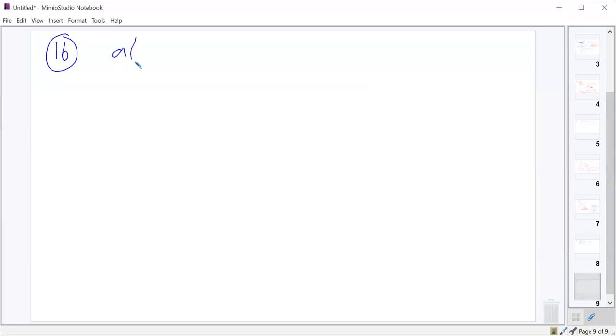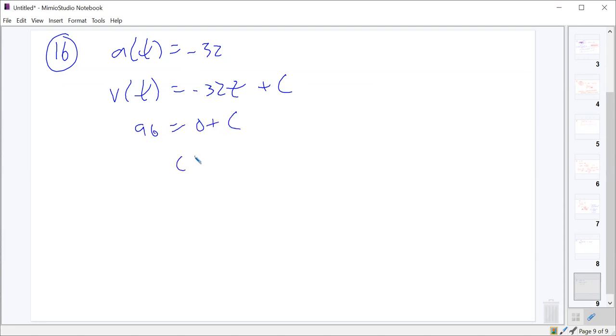If a of t is negative 32, then v of t is negative 32t plus some constant. Our initial velocity was 96, so 96 equals 0 plus c. C equals 96, so our velocity function is negative 32t plus 96.